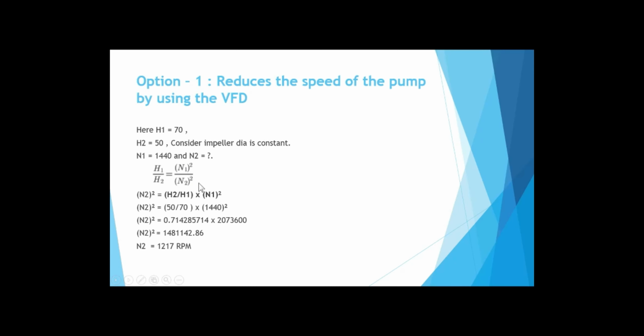So we simplify this derivation for calculating N2 squared: N2 squared equals H2 by H1 times N1 squared. Just apply the given values: 50 by 70 times 1440 squared. Once you simplify, you will find the pump speed is 1217 RPM.